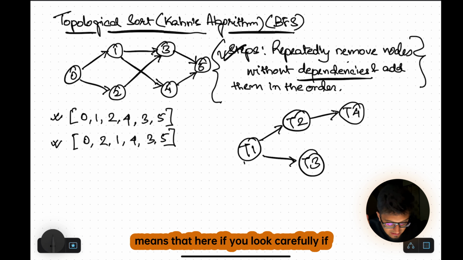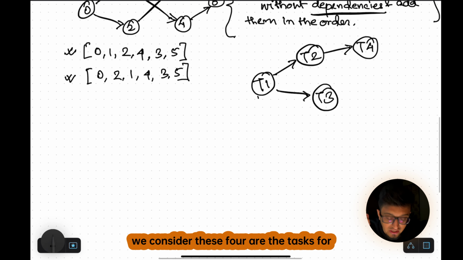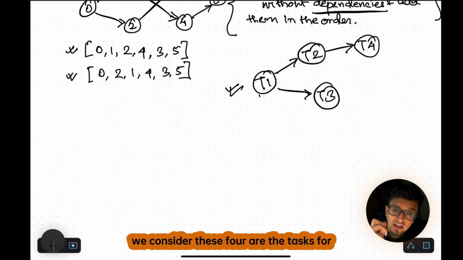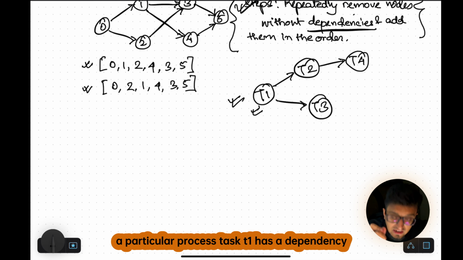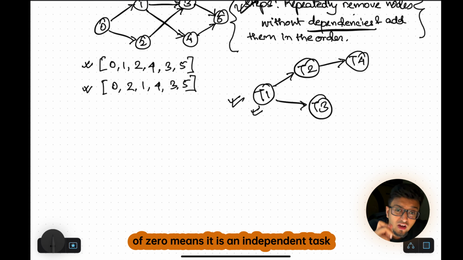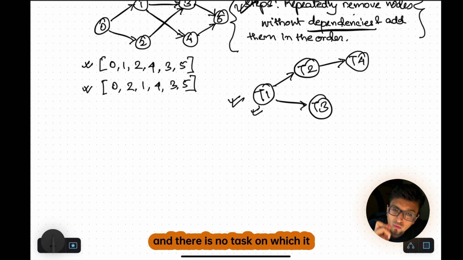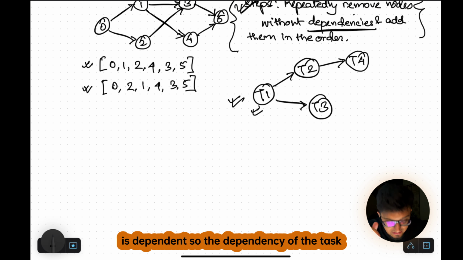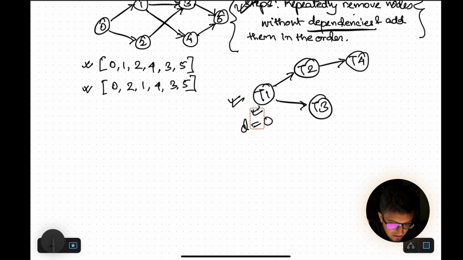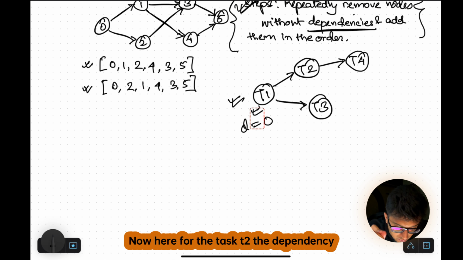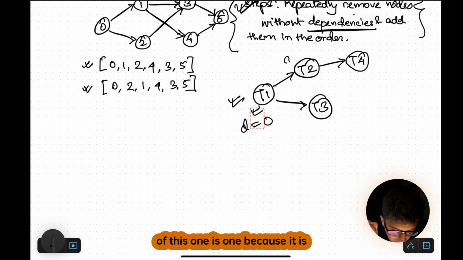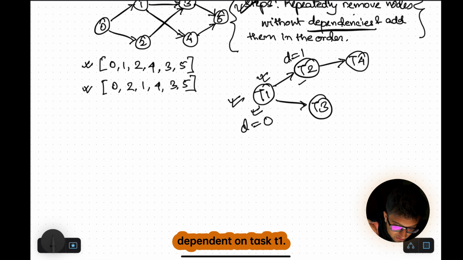If we consider these four are the tasks for a particular process, task T1 has a dependency of 0. It is an independent task, and there is no task on which it is dependent. Now for task T2, the dependency is 1 because it is dependent on task T1.